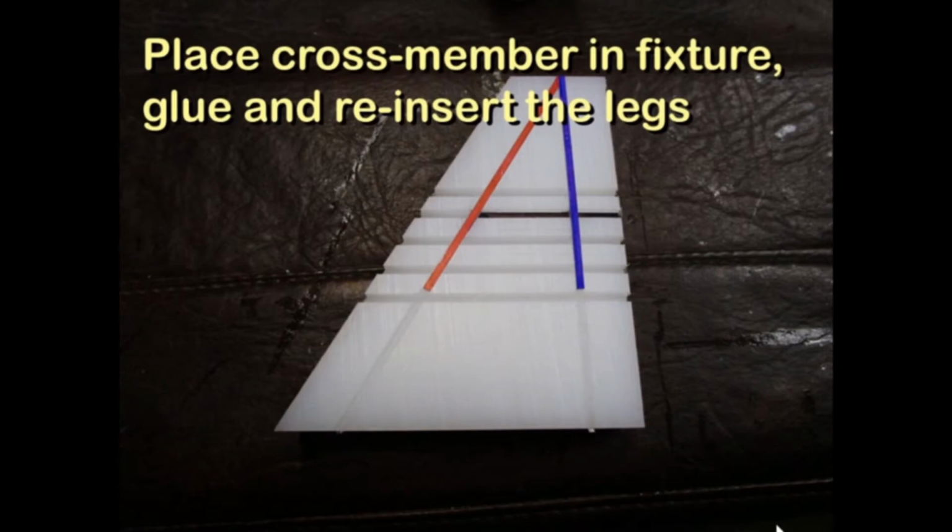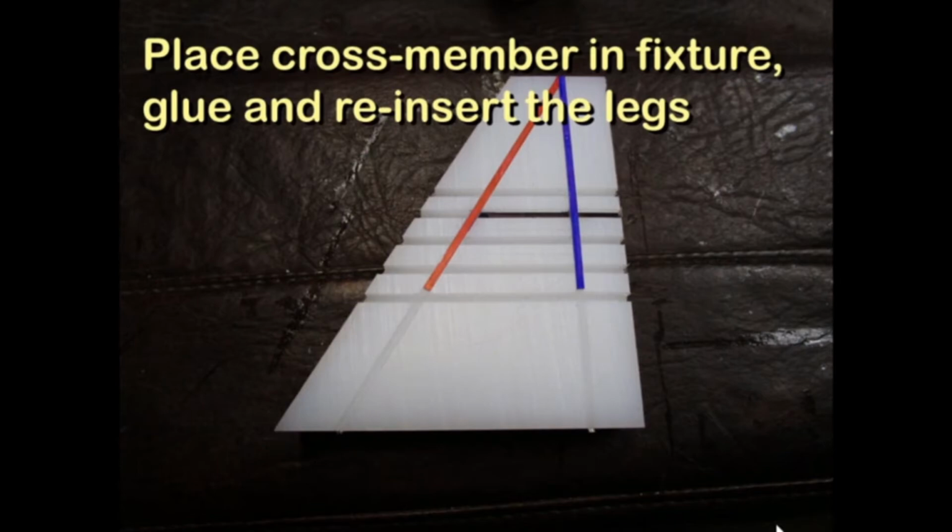Now that the two legs have cured, place the cross member in the fixture, making sure that the angled end is facing properly in the proper slot of the fixture. For an 8-foot face frame, use the shortest slot. For a 16-foot face frame, use the longest slot. You will notice that the cross member slots are deeper than the leg slots.